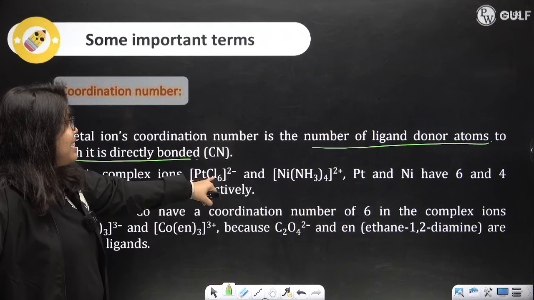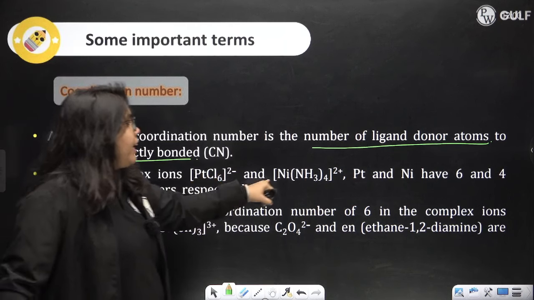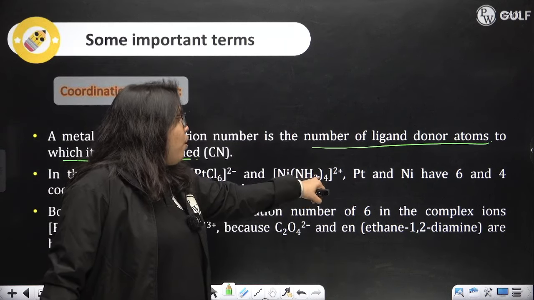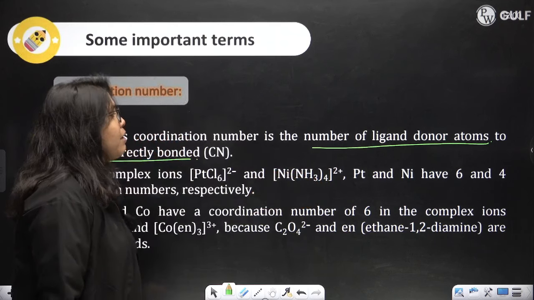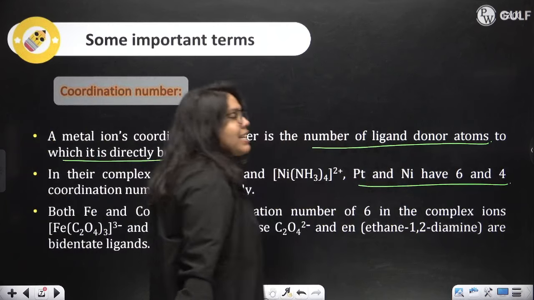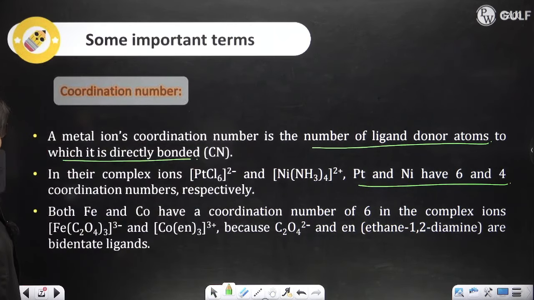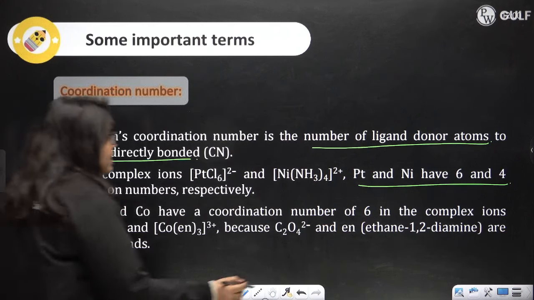It has six chloride atoms attached to it. Over here, the nickel and ammonia complex has 4 ammonia molecules attached to the nickel. Thereby, the coordination number of platinum and nickel becomes 6 and 4 respectively. So is the example over here: both ferrous and cobalt have a coordination number of 6 in these complexes.